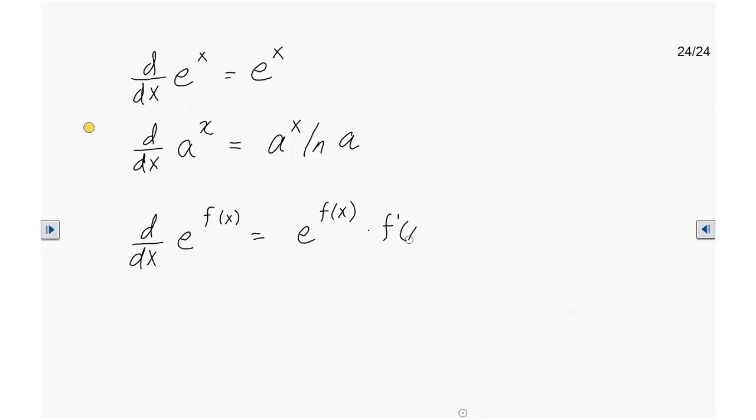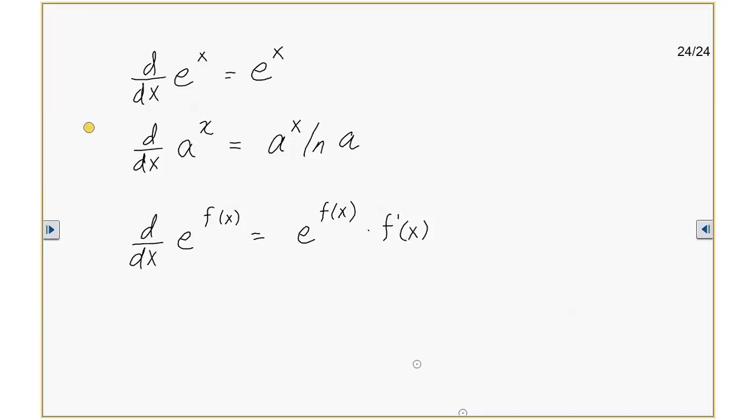F prime of x. So what you might want to put in your notes is: e to the function times the derivative of the function.